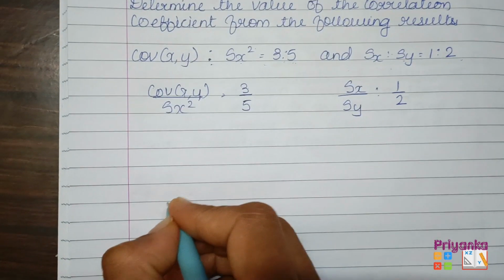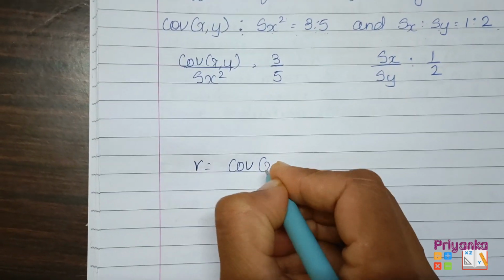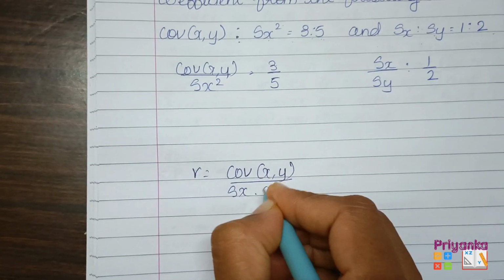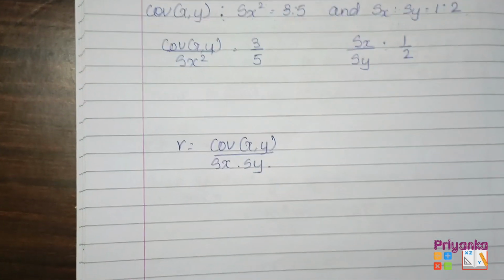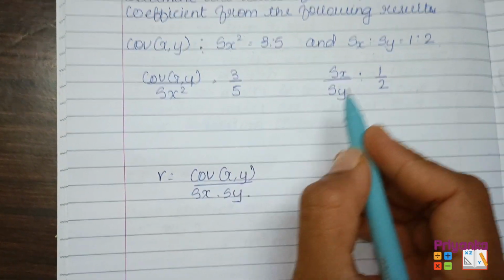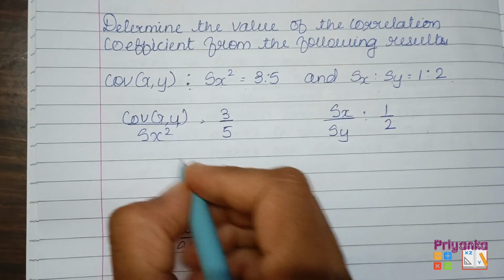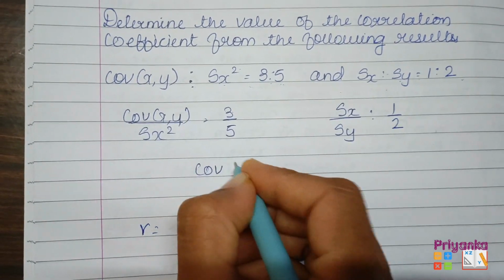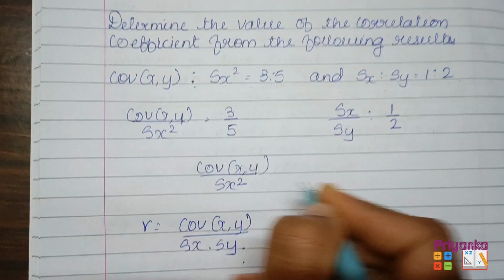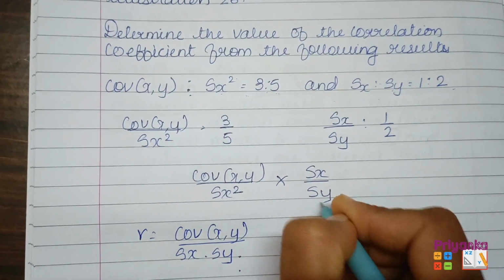And if I show you the formula, here is the formula: covariance xy upon sx sy. If I solve this particular equation, you will see it turns into the formula only. Covariance xy upon sx square, into sx upon sy.